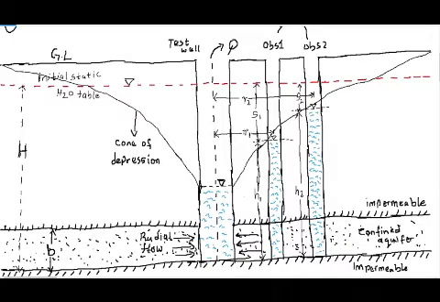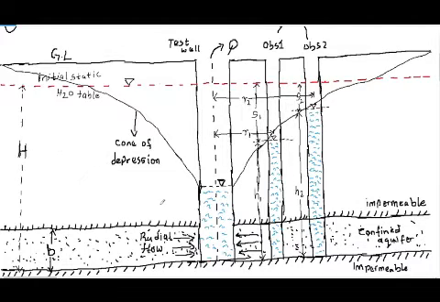So we have R1 and R2. Also S stands for the drawdown. We have S1 for observation well 1 and S2 for observation well 2. The drawdown is the difference between the initial steady water table and the pumping water level.